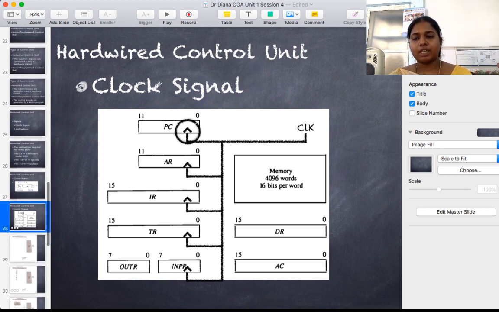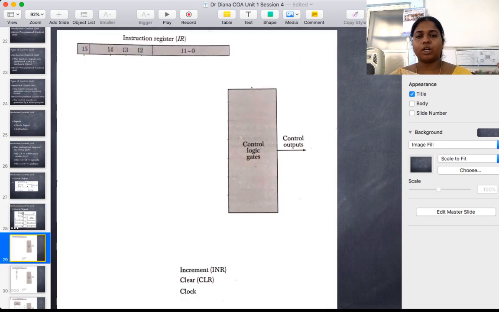So this clock cycle is one input which is given to all the registers and the memory. And we are going to design a hardware circuit that can take the clock pulse and generate some control signals based on the instruction register. Now I have to have some control logic gates.